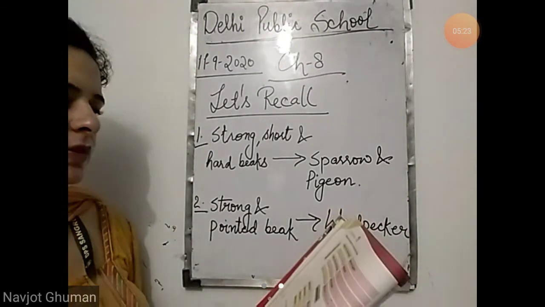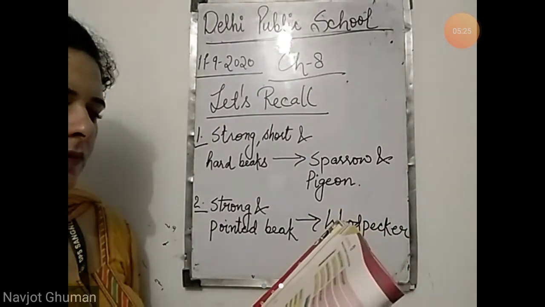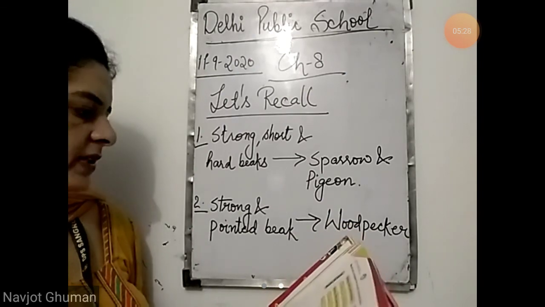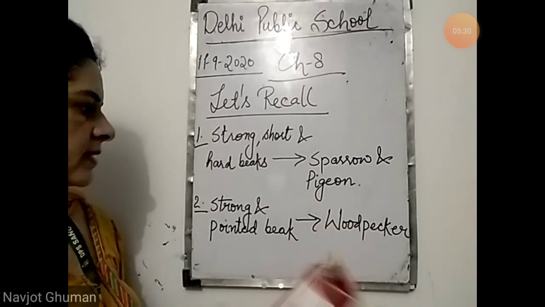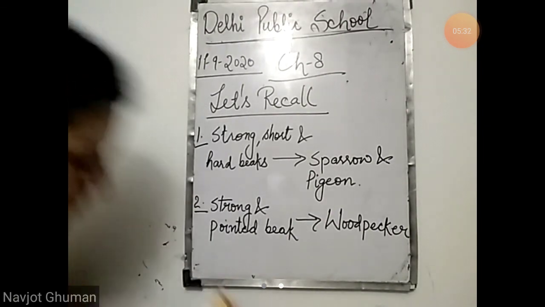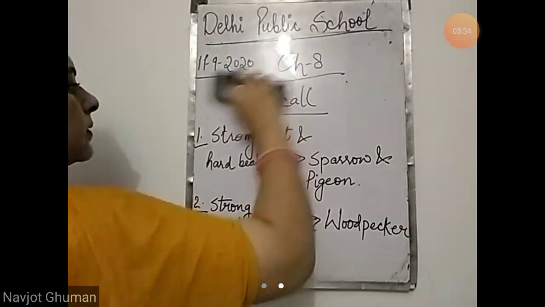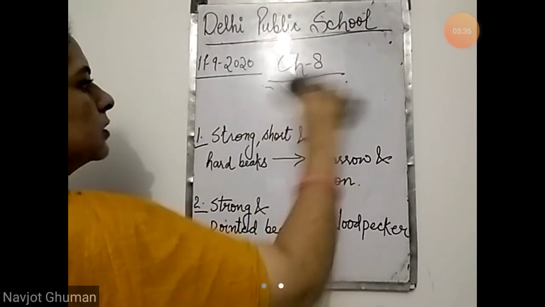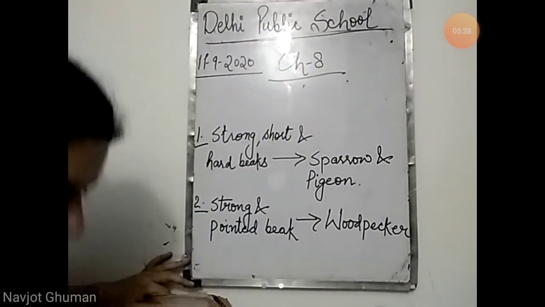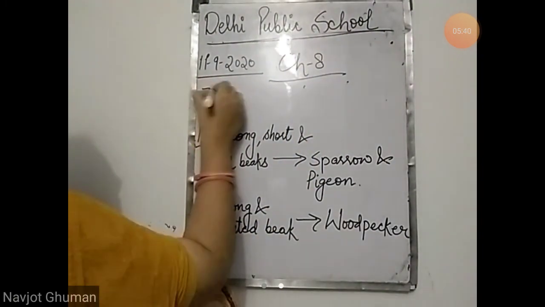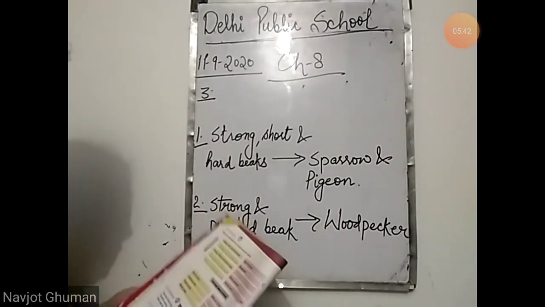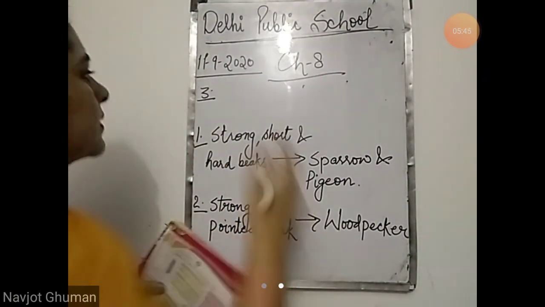Third is also, the characteristics of the beaks are given. We have to write the birds on the right hand side. What type of beaks are written? Strong, sharp and hooked beaks.